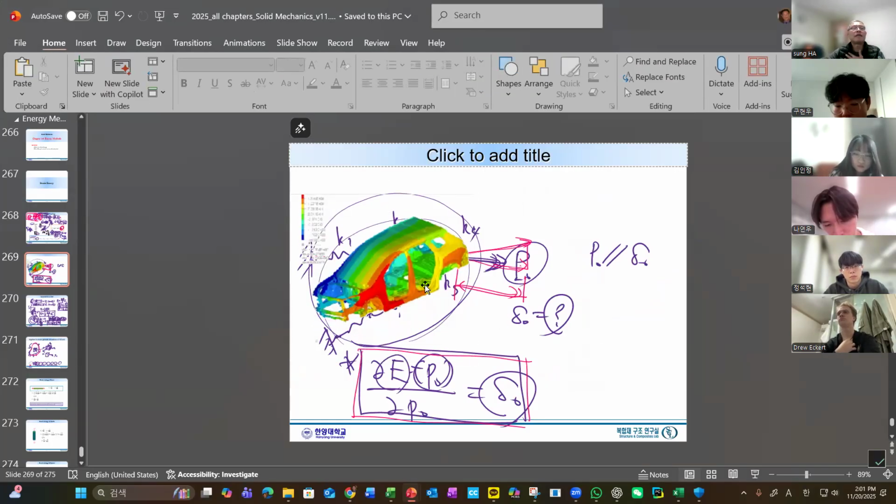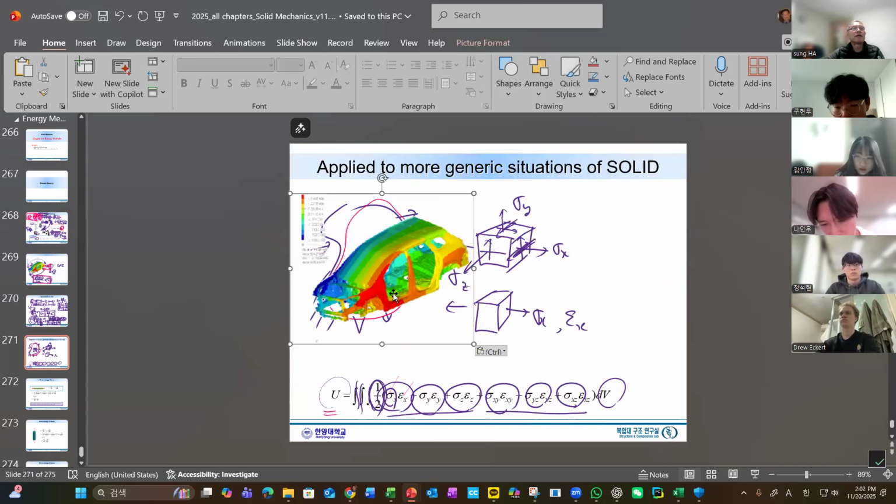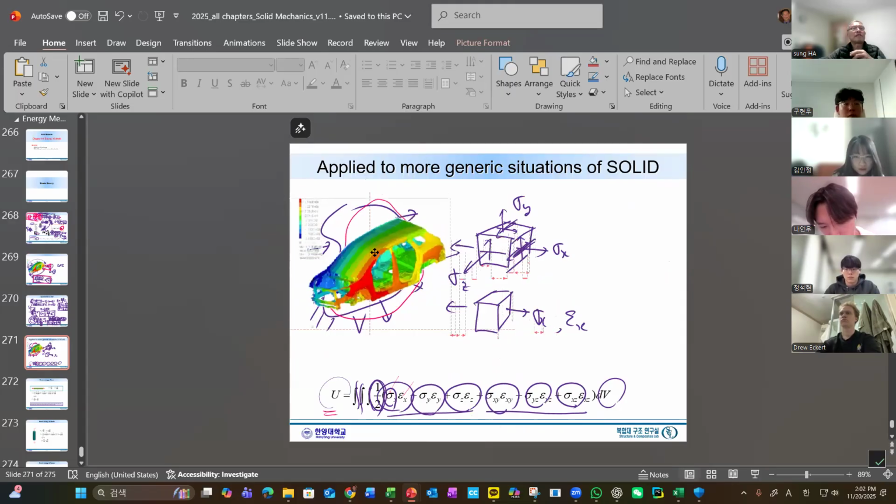This is exactly what I meant by a collection of springs. Or you can say, okay, where is that slide? Okay, this guy. This represents one of the structures we are dealing with.